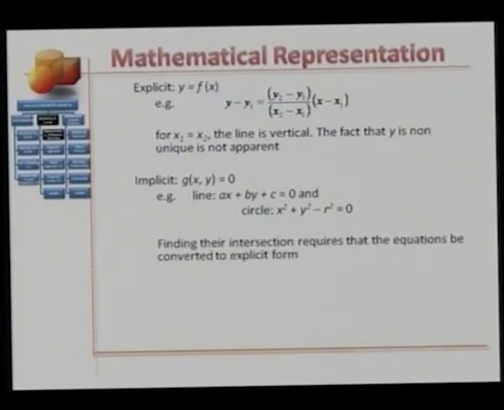If we find the intersection between this line and this circle, the first thing we would need to do is convert these equations in the explicit form respectively. And further, if there are two real roots, computing those roots will take extra mathematical processing.